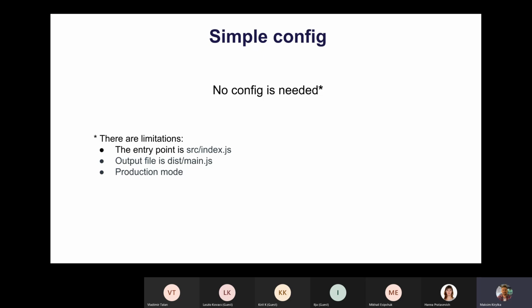And also Webpack will output the result in this main file, which will be minified and optimized for production. So if we want to have more flexibility, we need to use our own Webpack configuration.